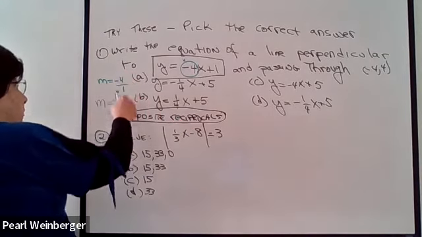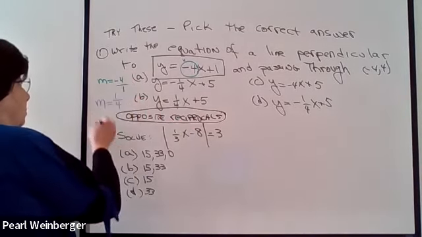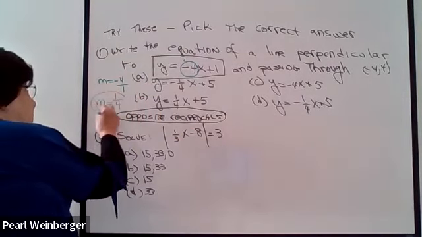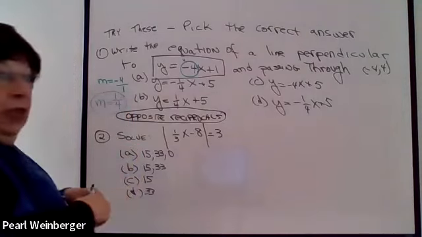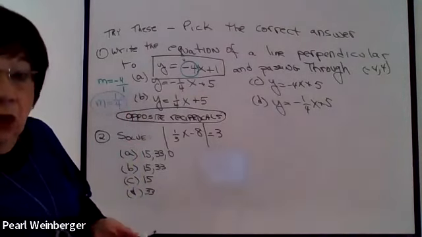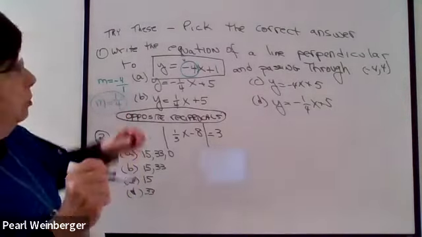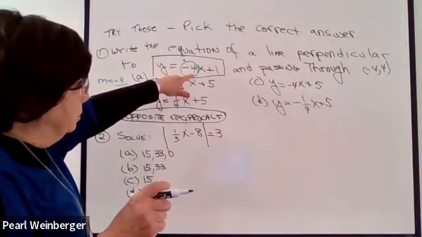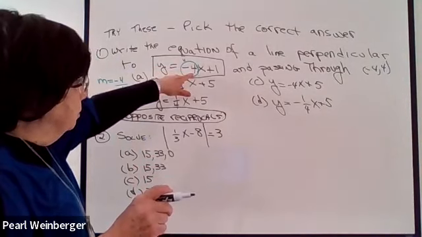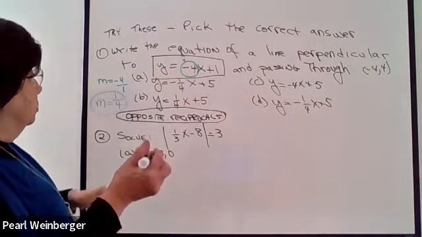This one was negative, that means this one is going to be positive. My new slope has to be positive 1 over 4, because it has to be the reciprocal. Remember, if there's no number underneath, if it's not a fraction, just put it over 1 to make it into a fraction.